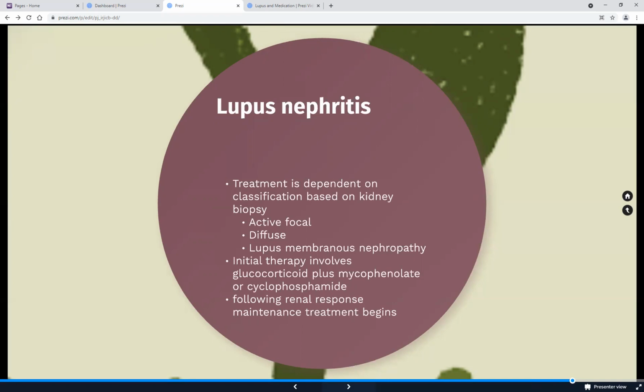So initial therapy would include a glucocorticoid plus mycophenolate or cyclophosphamide, followed by some maintenance treatment. But did want to mention this, there is a new drug that has recently come out, and so I think we're still learning what the role for that new medication is in treating lupus nephritis, but it certainly gives us another tool in the tool belt to help patients that may have failed some of the previous medication therapies that we use in the setting of lupus nephritis.